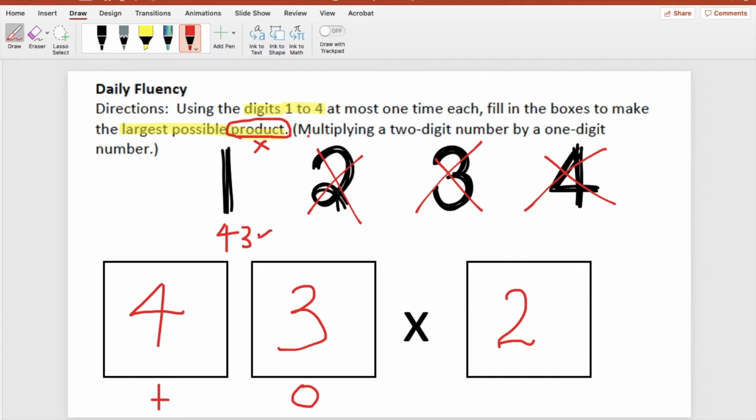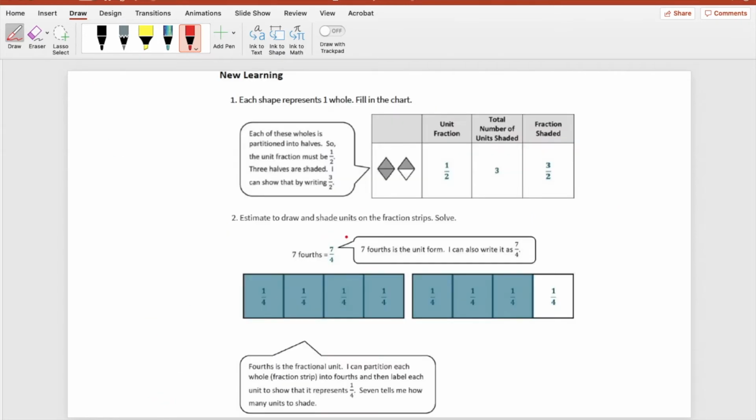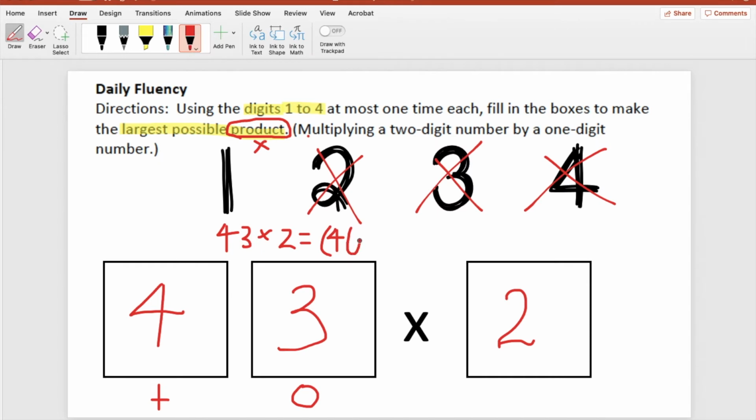43 times 2 is the same as saying 40 times 2 plus 3 times 2. So let's see.